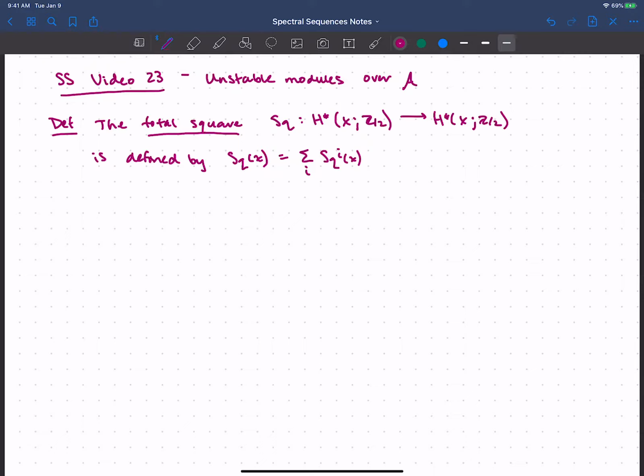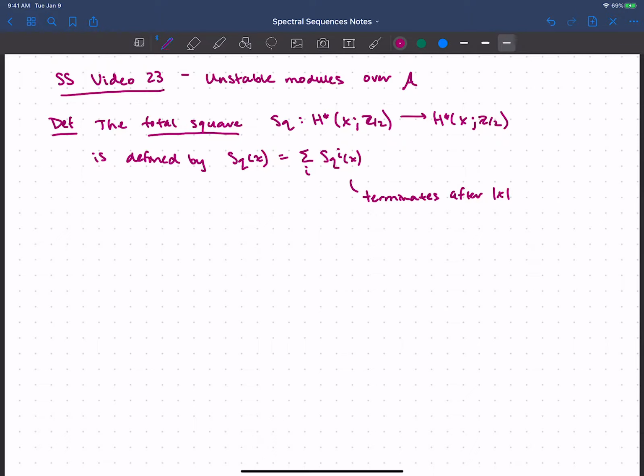Also, remember that the cohomology of X is an unstable module over the Steenrod algebra, in the sense that the higher squares vanish. x has some degree, it should be some homogeneous element in the cohomology of X, so it has some finite degree. And so all the Sq^i after that degree are just going to be 0. So this infinite looking sum really terminates as soon as I get to the degree of x.